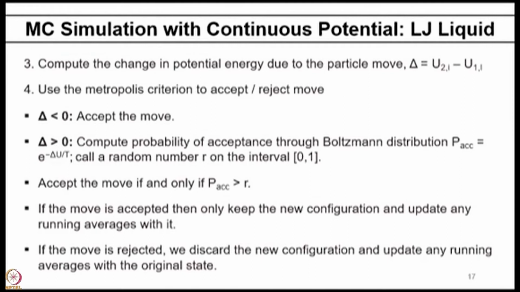If I reject all the moves where energy is going up, that might sometimes trap me in a very small minimum, and also my statistics become poor. So even when energy goes up, we use the Boltzmann factor, e to the power minus beta delta U, if delta is not very large and positive.